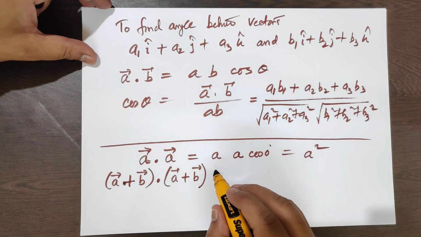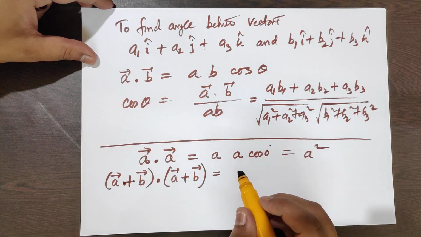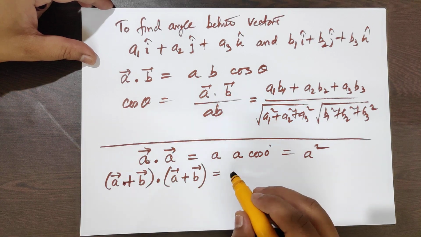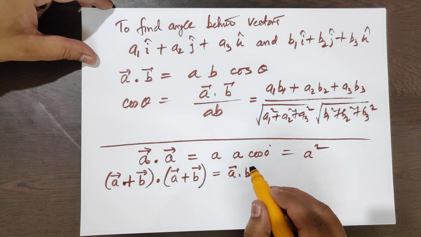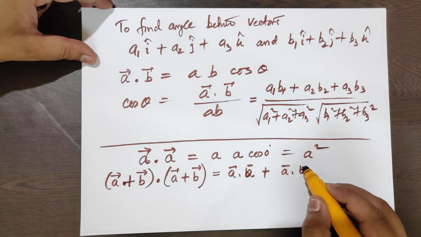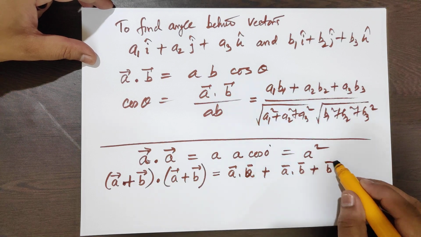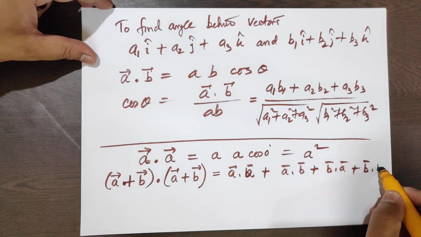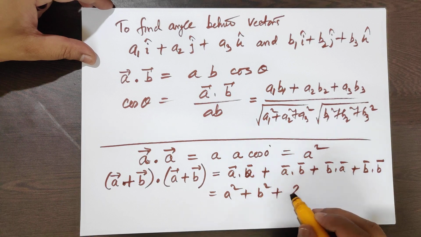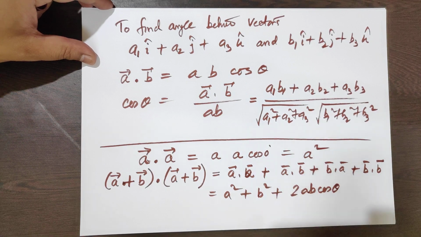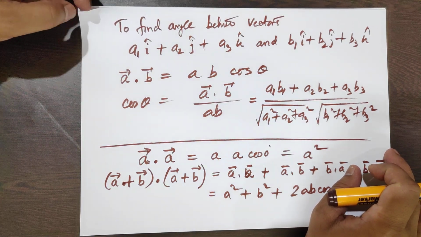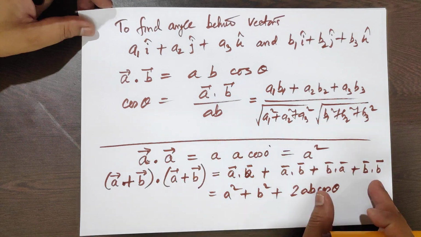If a plus b is equal to r, it should be r square, right? So let's expand. So a dot a plus a dot b or b dot a, whatever, plus again b dot a plus b dot b. So you have a square plus b square plus 2ab cos theta. Okay, so this is the square of the magnitude of the sum of these two vectors.